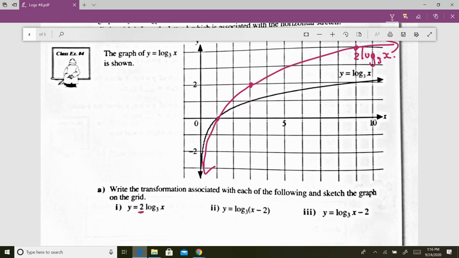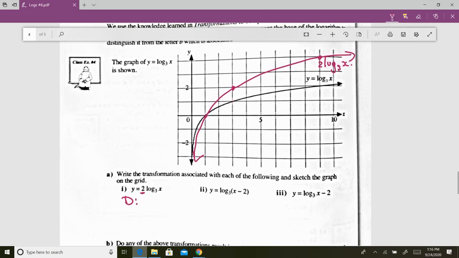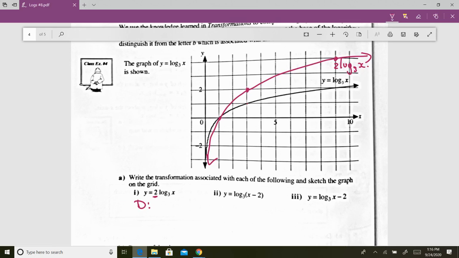That's it. What's the domain of that graph? Is the vertical asymptote in the same spot? Yes. So the domain is going to be greater than 0. And vertical asymptote, which I will shorthand VA, will be x is equal to 0. That's all it changed. We just stretched it vertically. We didn't move it horizontally.